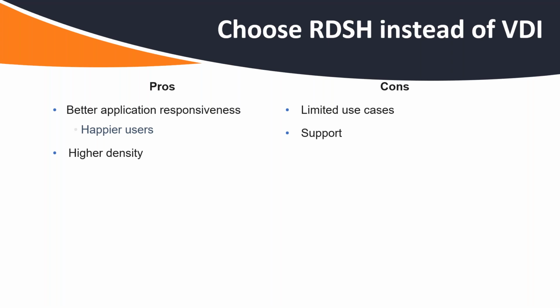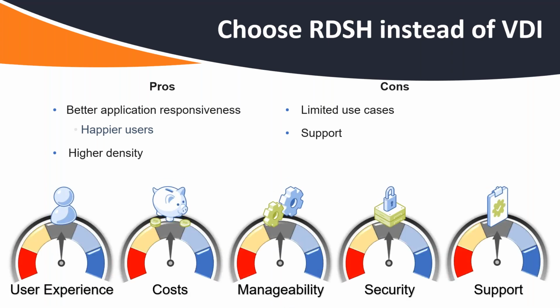We still run into applications that are not supporting multi-user operating systems, so you have to go down to a client OS to make sure that your applications are fully supported in your environment. So again, in quantification: user experience with RDSH is better. Costs are better because you achieve higher densities. Manageability is similar. Security can be similar. Support might be an issue in terms of application availability and application support from your vendors.